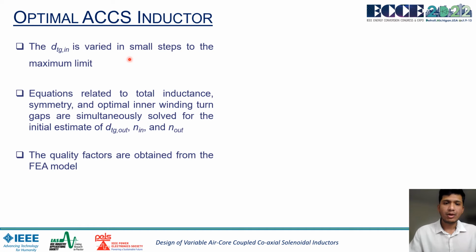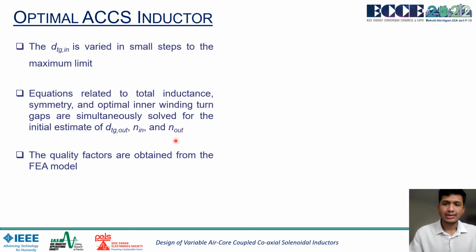The overall process of designing the optimal ECCS inductor is essentially a parametric sweep where we increase the inner turn gap value in small steps, and for each value of the inner turn gap we use the total inductance, symmetry and optimal outer gap equations to solve simultaneously for the outer turn gap, and the inner and outer turn values.